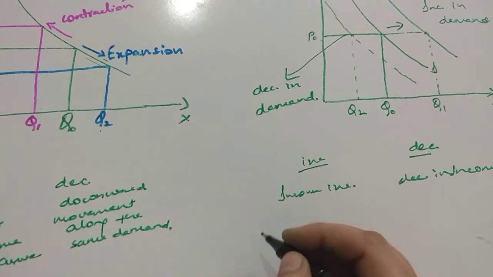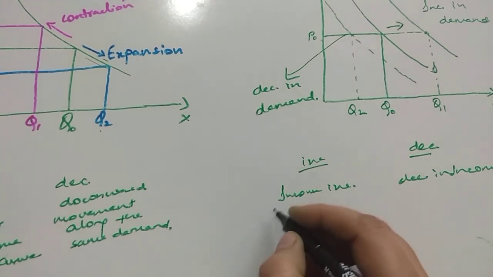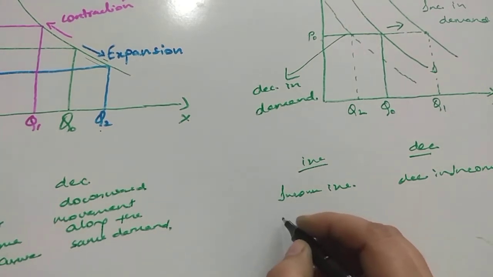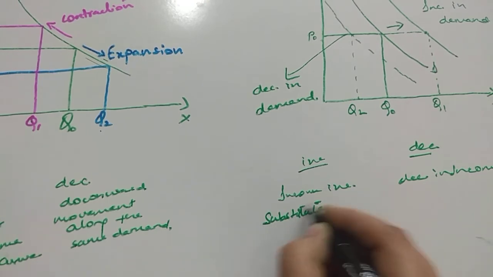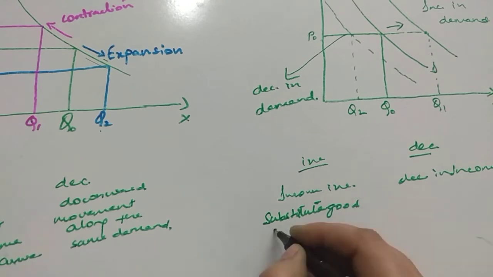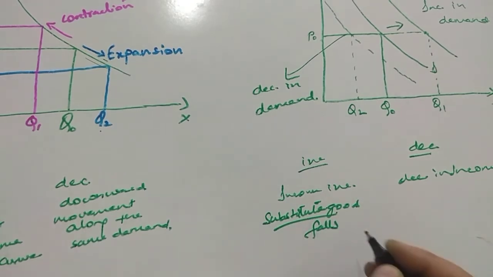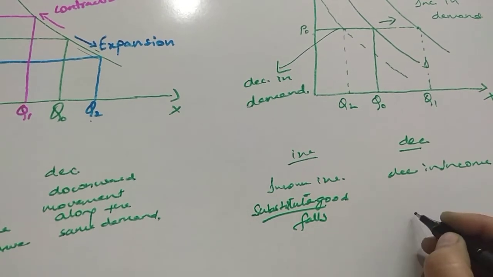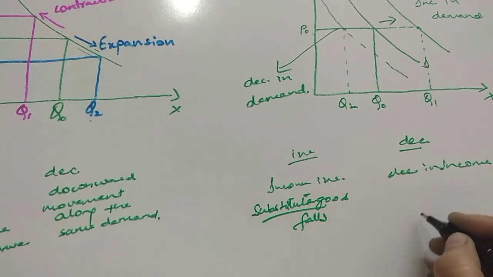Then price of the substitute goods. If the price of substitute good falls, here it falls, here it rises.